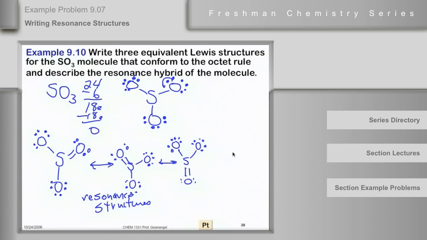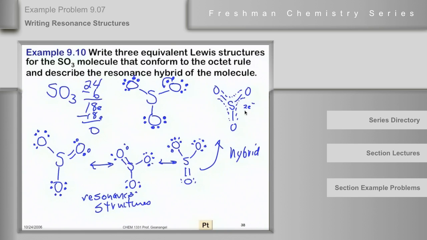So the hybrid will have dotted lines to show where that pair of electrons that makes up the double bonds go. It goes equally to all 3 bonds. All the electrons move around, delocalized equally to all three bonds. Everybody see that? Anybody have a question about it?